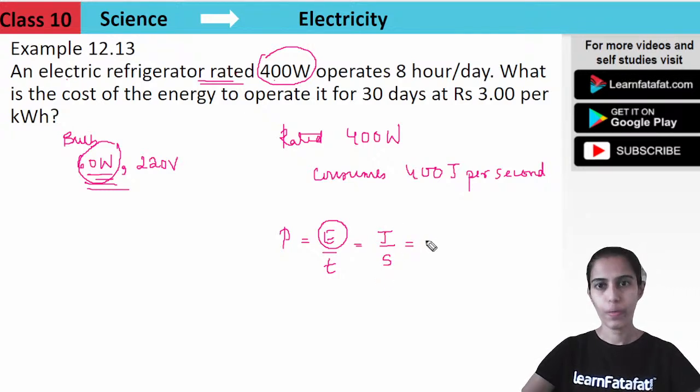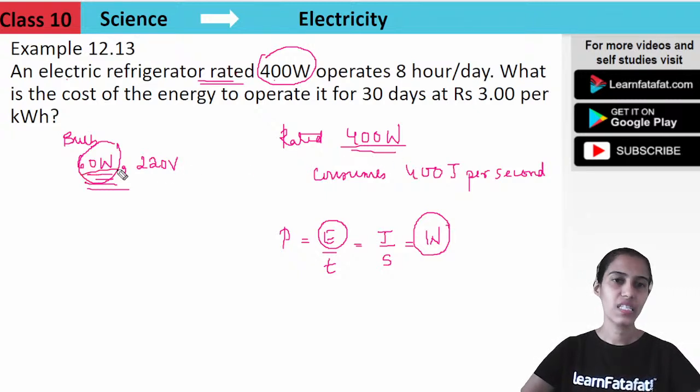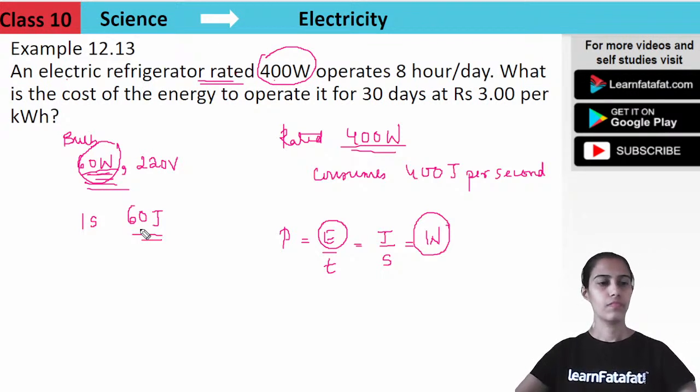And this joule per second we are writing for electric power as watt. So this is nothing but joule per second. So when the power rating, for example, if the rating of a bulb is 60 watt, तो उसका मतलब क्या है कि in 1 second that bulb will consume 60 joule electrical energy. ठीक है? I hope you are getting it.